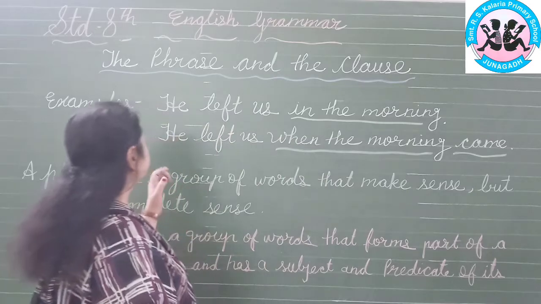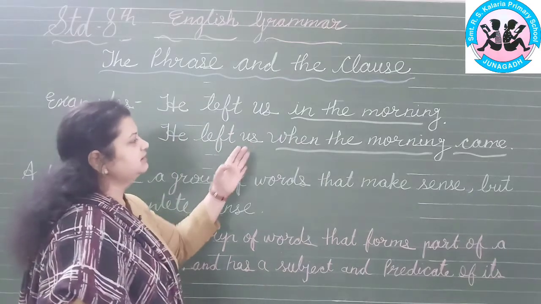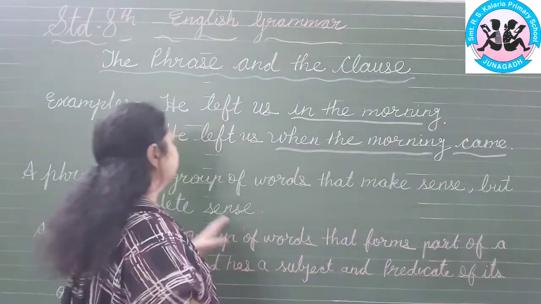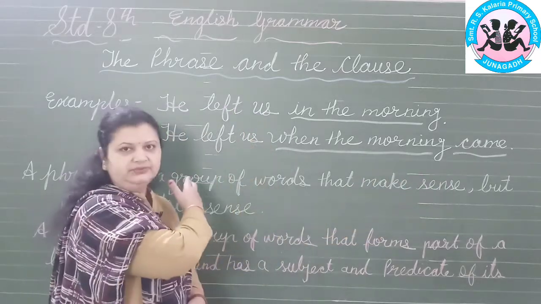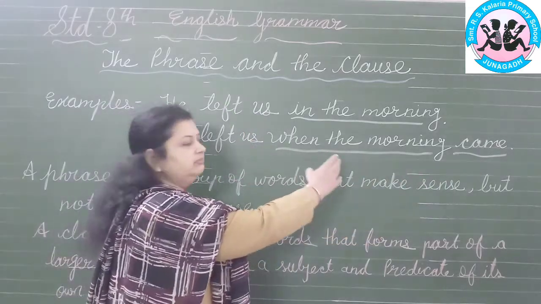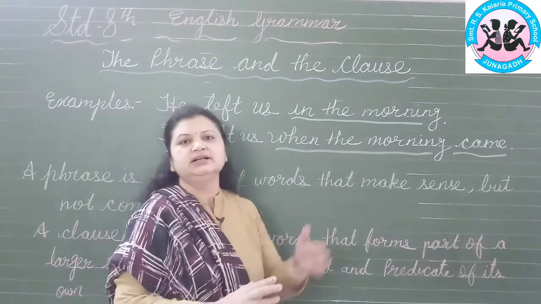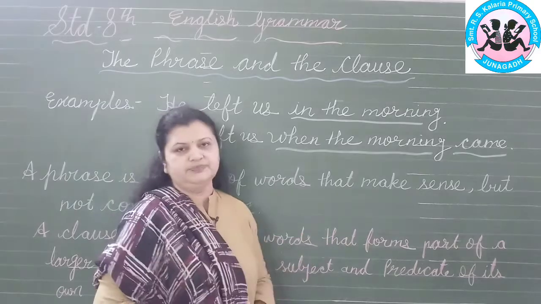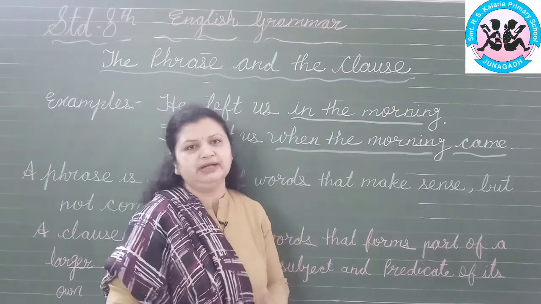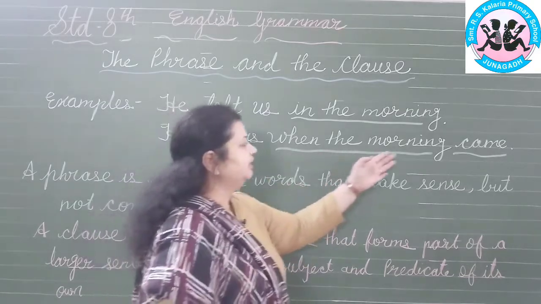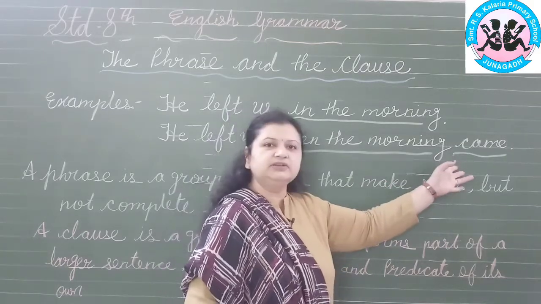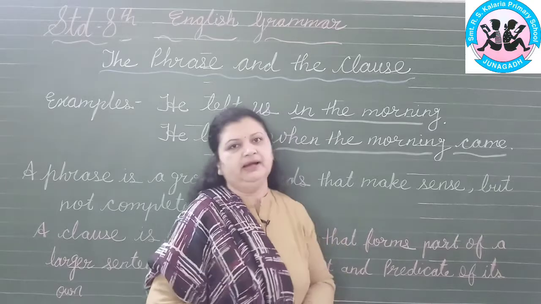Now the second thing: he left us when the morning came. Now you will see that "he left us" is a different sentence, and "when the morning came" has a subject and also a predicate. Here "the morning" is the subject and "came" is a verb, so it is the predicate part.